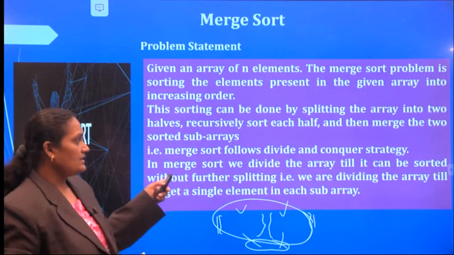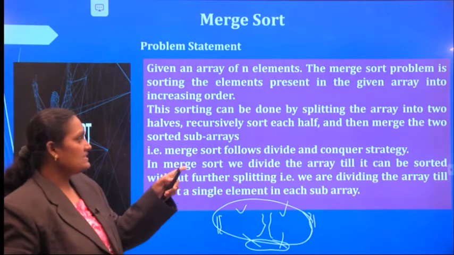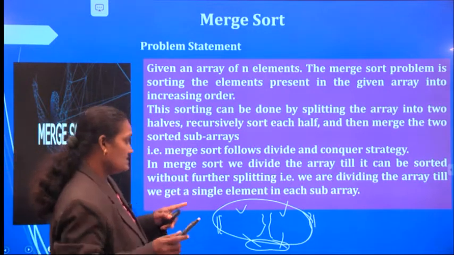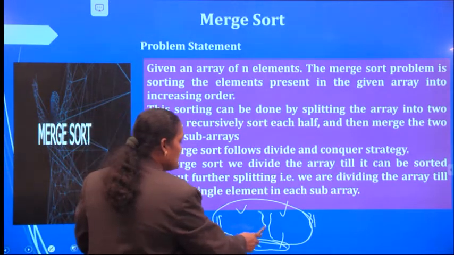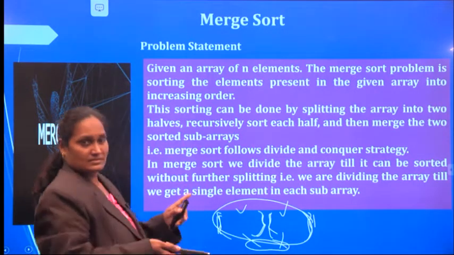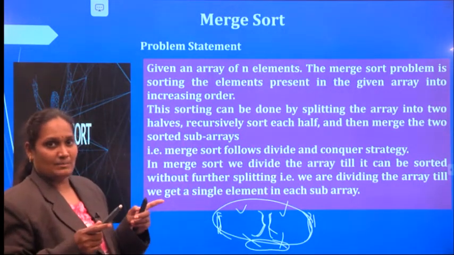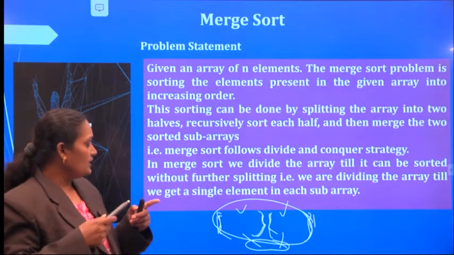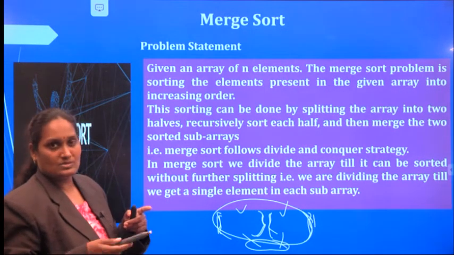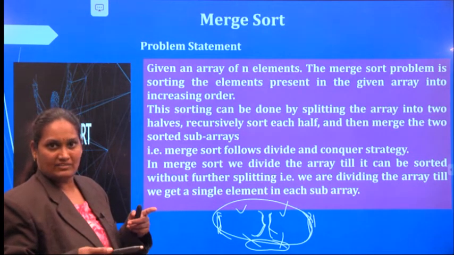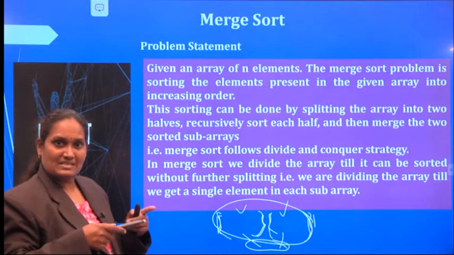Now in merge sort, we divide the array till it can be sorted without further splitting. Here we say the array is divided into two subarrays, but is that all? Suppose your problem contains 10 elements. If you divide it into two subarrays, one may contain 5 elements and the other 5 elements. How can these 5 elements be sorted?